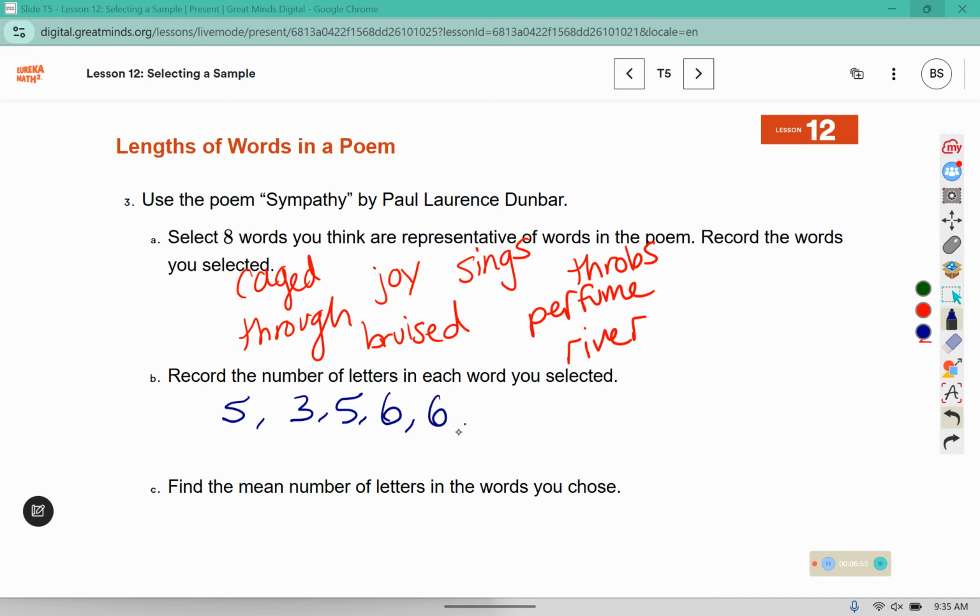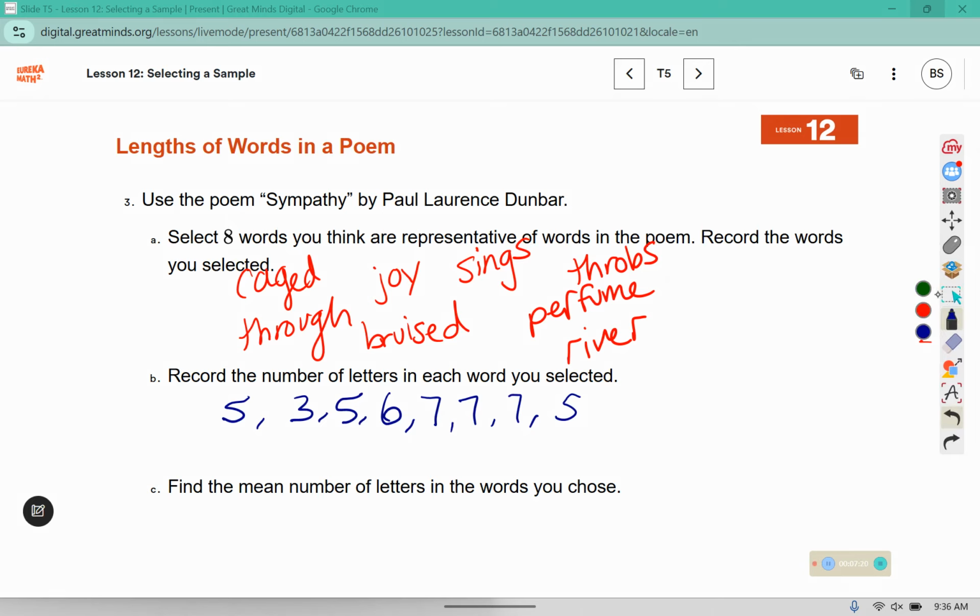Through has 6. No, 7. Bruised is 7. Perfume is 7. And river is 5.